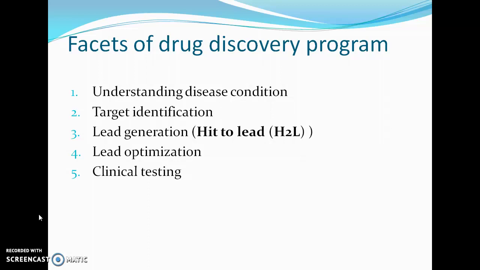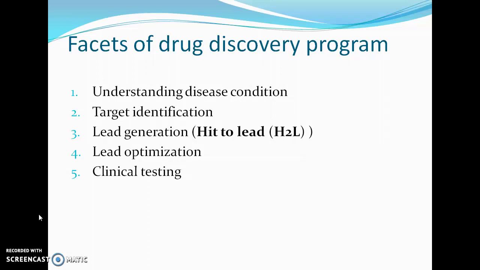The first may be selecting the medical condition to be treated, followed by identification of the drug target, finding suitable bioassays, identification of lead compounds, examination of structure activity relationship of the lead molecules, drug design and optimization, manufacturing process, designing and applying for patent or clinical trials, regulatory approval, then release of the drug to the market, and it also continues with post-market surveillance. These are the various things you can come across.